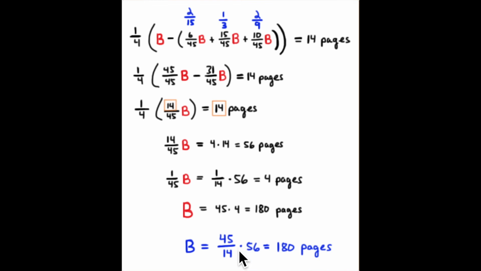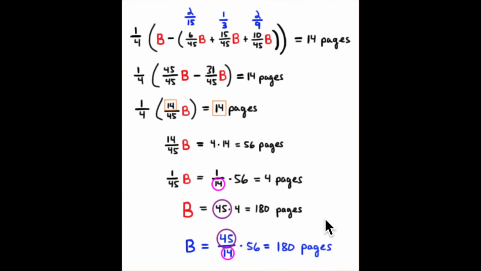So when you multiply by the reciprocal or the multiplicative inverse, look at what you're doing. Dividing by 14 or multiplying by 1/14. So here's the 14. Dividing by that 14, 56 divided by 14, or multiplying by 1/14, it is the same thing. And then you multiply by 45. 45 times that 1/14 of 56, which is 4. 45 times 4 equals the 180.